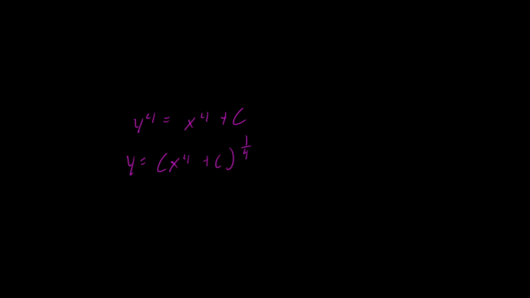Now, while you may have the general solution, you may be working a problem where you are given the x value and the output, such that you get the following displayed in blue, where x is 2 and y is 0. And with the given point, you will have to find the value of c.